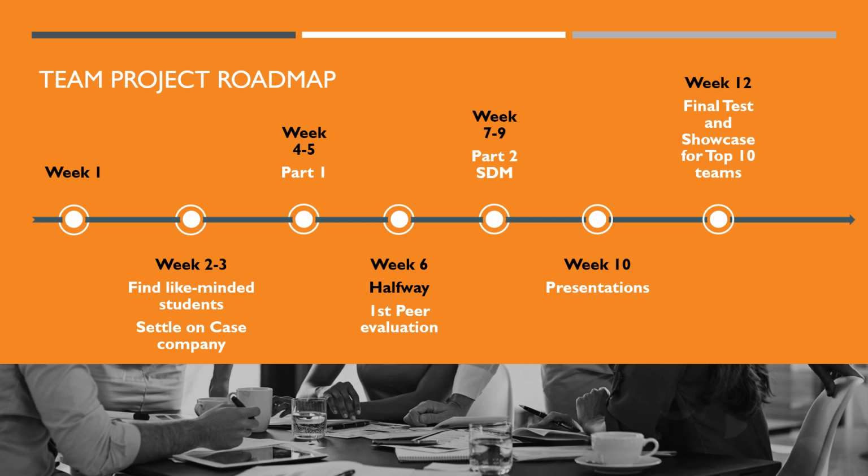So we want you to find the stream that best represents your life circumstances, and then obviously get into a team of 6, and then as a team settle on the case company. So this will take a while, because remember, once you decide on the case company and you start working on part 1, that's it, you can't change the company at that point.